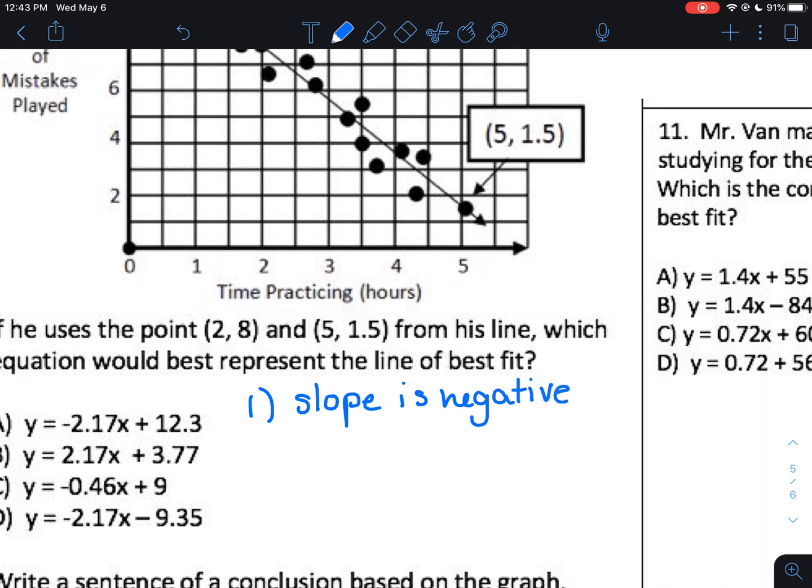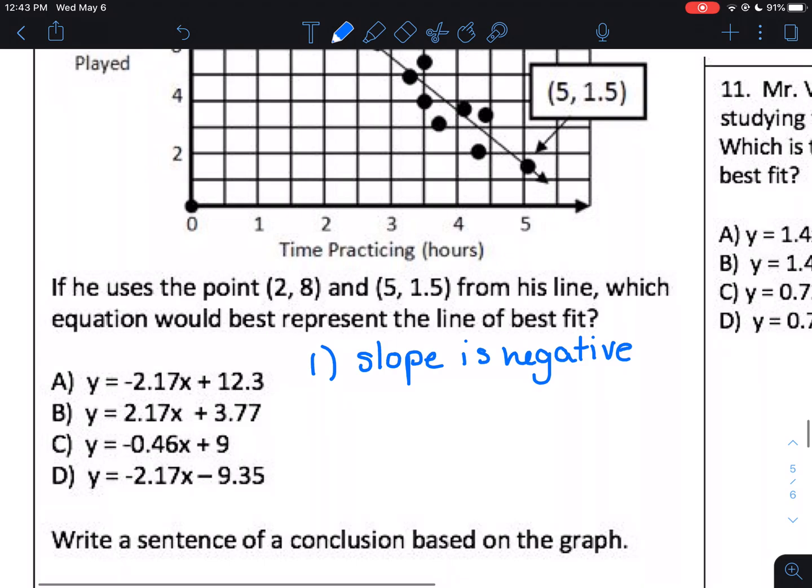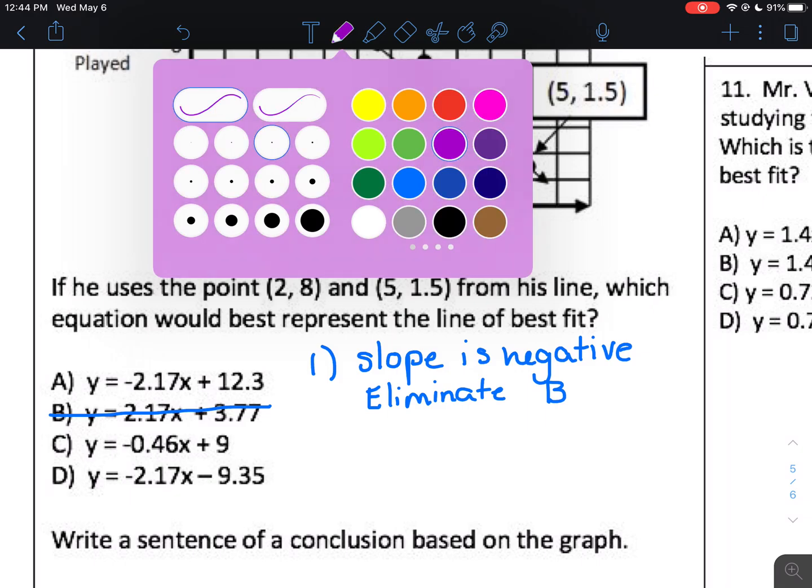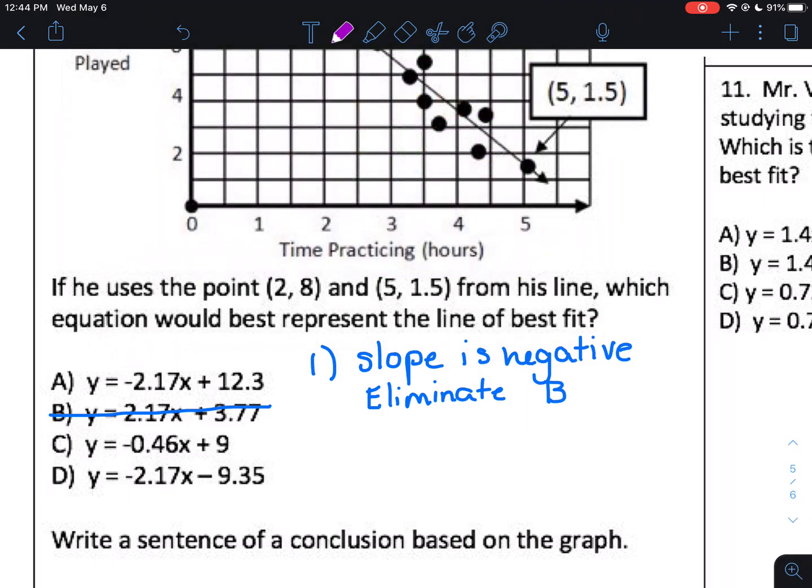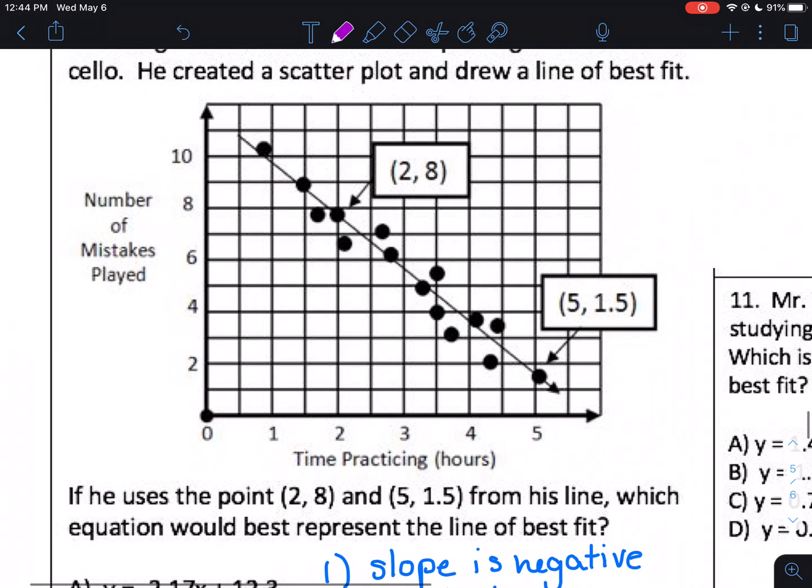Okay, the slope of the line is negative, so we can eliminate B. Next, okay, we can see that the y-intercept is going to be something above 10.